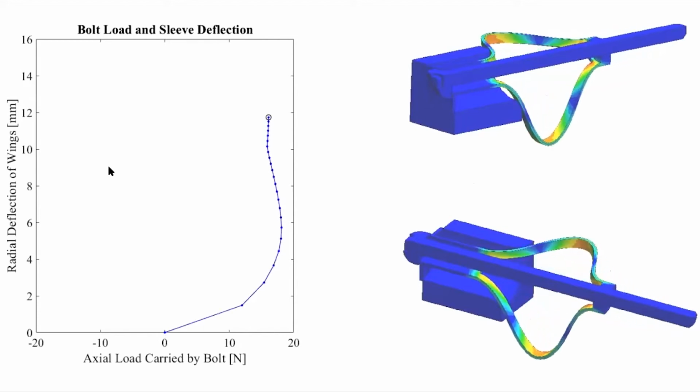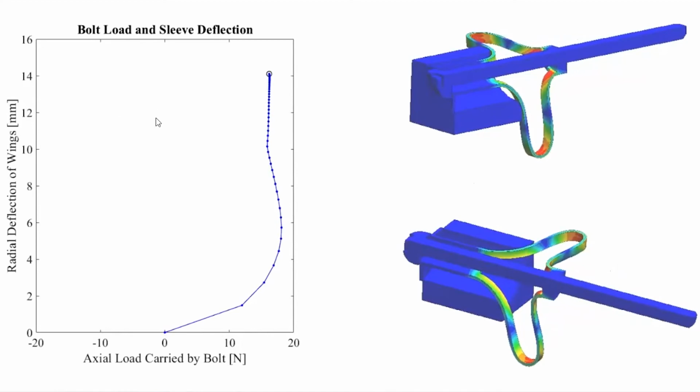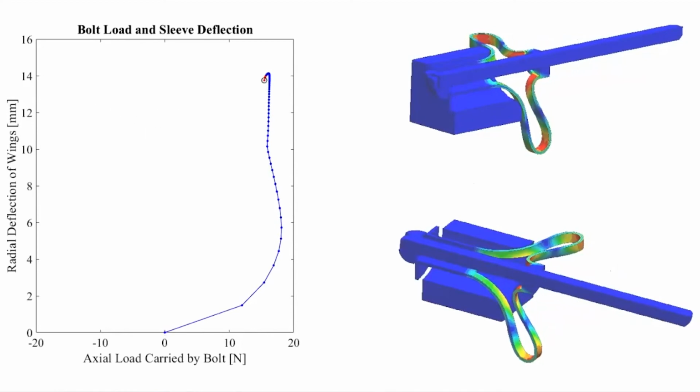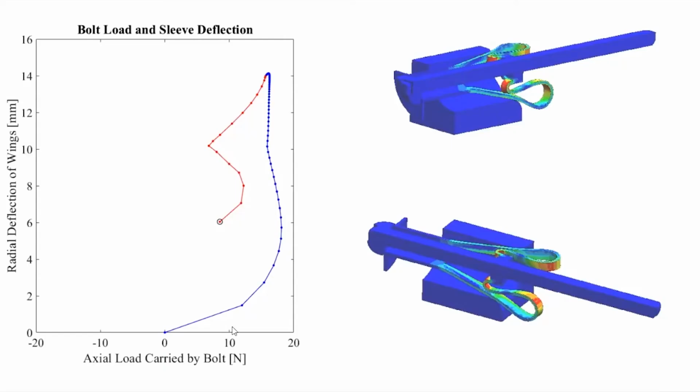And as you can see, the equilibrium path traced by the plot on the left is complex. And any one of these three outputs would likely be insufficient. As you can see, this response portrait is complex and there's multiple discontinuities in the slope. These discontinuities correspond with moments of contact between various pieces of the assembly.